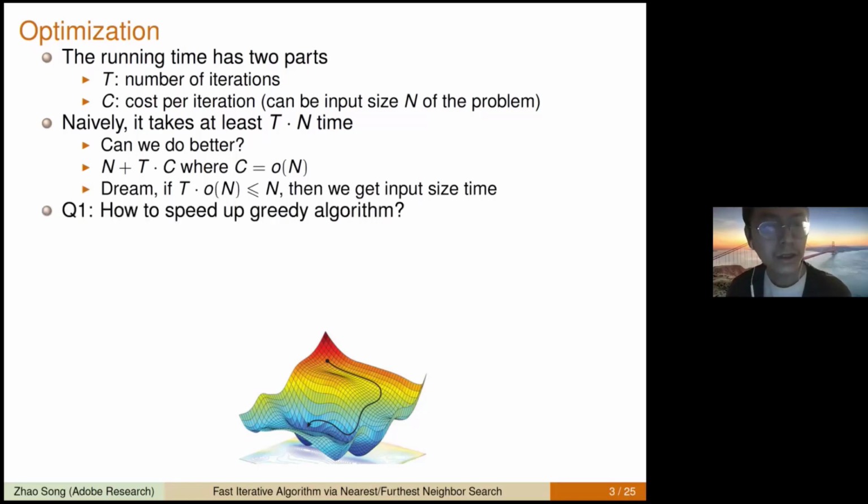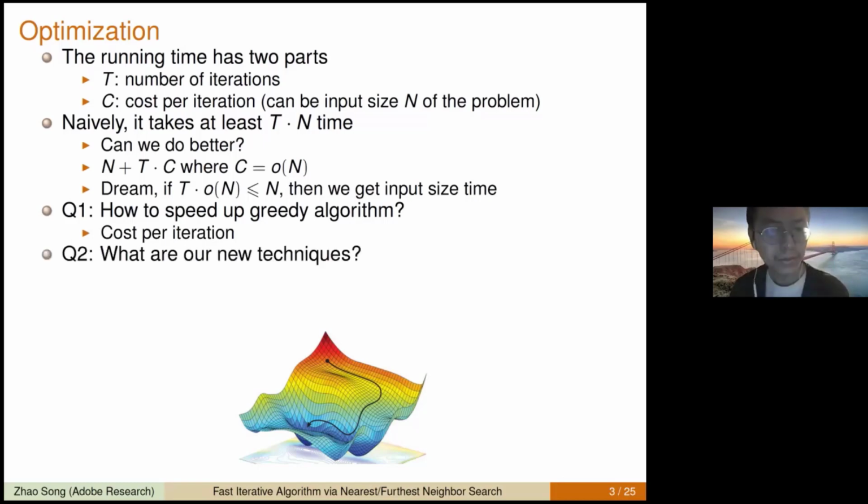The first question is how to speed up the greedy algorithm in general. There are two ways. The first way is to speed up the number of iterations, which gives you an automatic speed up. The second way is to fix the number of iterations and speed up the cost per iteration, which is the focus of today's talk.